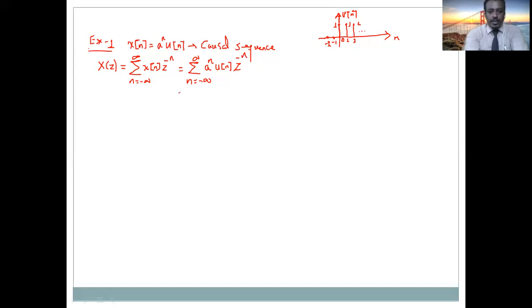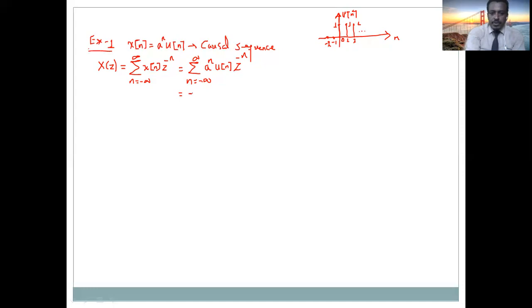Okay, so here u of n has value of 1 for n greater than or equal to 0. For n less than 0, u of n will be 0. So 0 multiplied by the other will be 0.